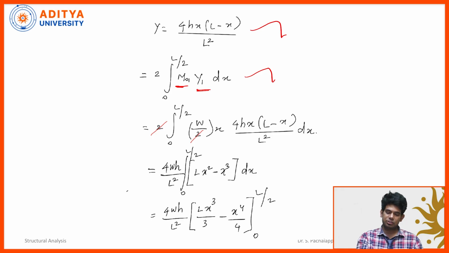Multiplying these two, I am taking some common terms outside: 4 times Wh and L square. This 4 is out of the integral, since it is not a function of integration.